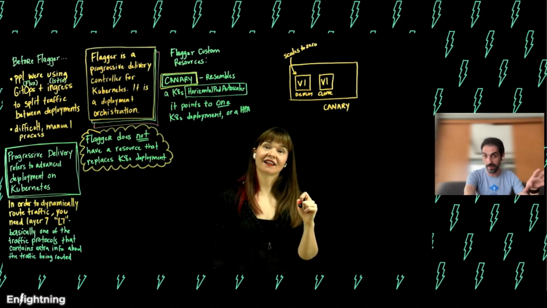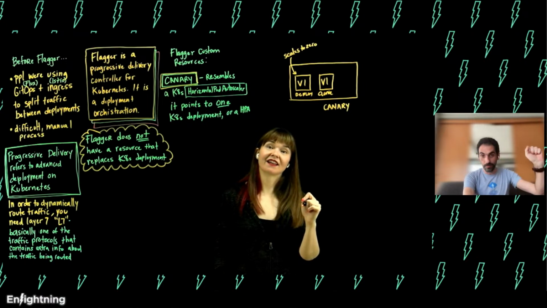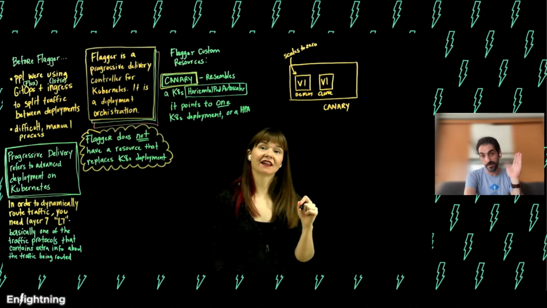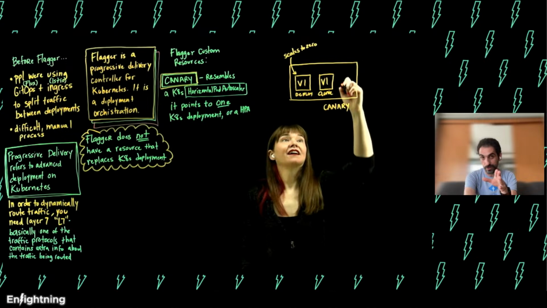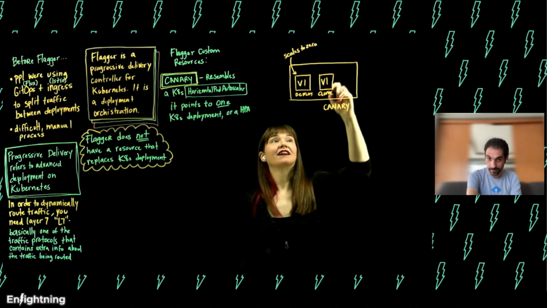Anything that changes there, Flagger allows Kubernetes to scale up the deployment and apply it, right? So instead of V1, now you have V2. But the traffic, everything still goes to the primary, the clone, which is V1.